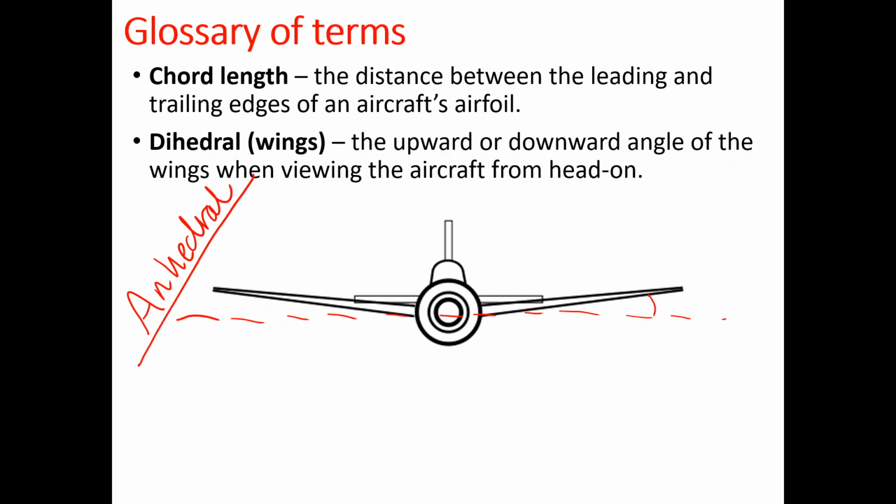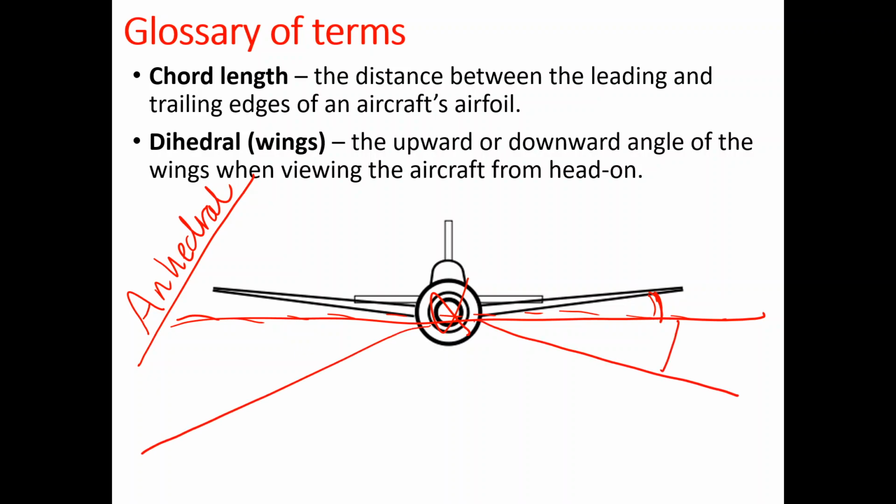Okay, so the dihedral angle is the upward or downward angle of the wings when viewing the aircraft head on. So we have the head of the aircraft here. When we are viewing it from a front view, the angle it makes with the horizon is going to be your dihedral angle. We can also have this type of angle as well.